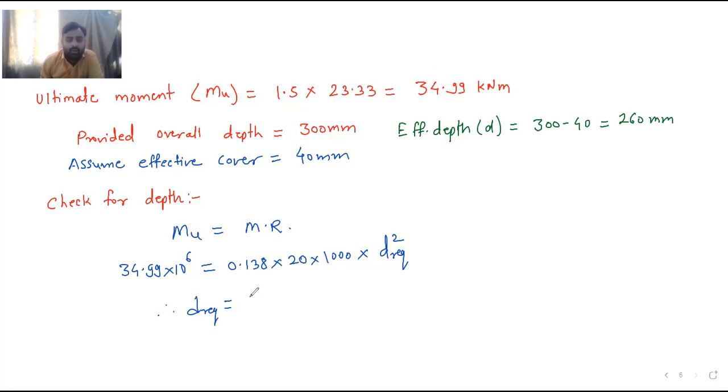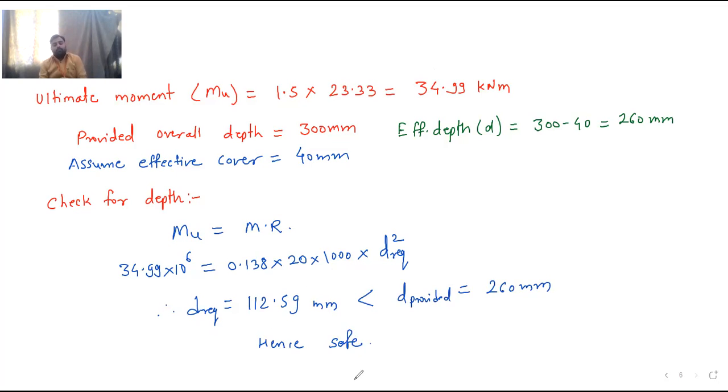Okay, so the d required is 112.59 mm, which is less than d provided, which is 260 mm. Hence safe. Hence it is safe for the bending moment.